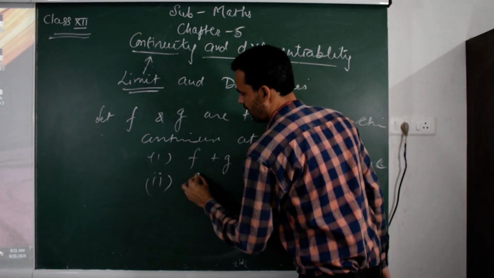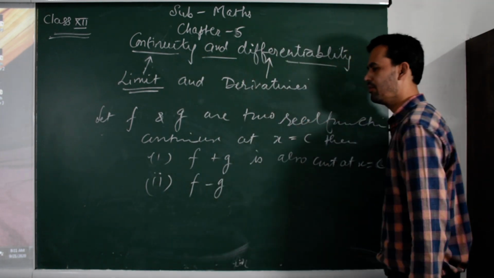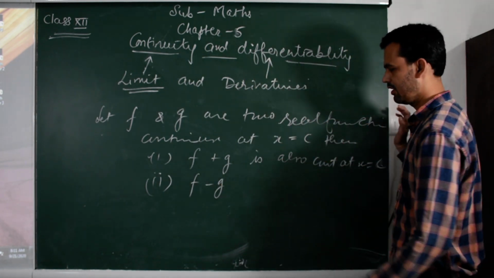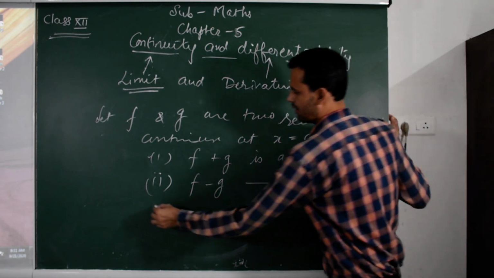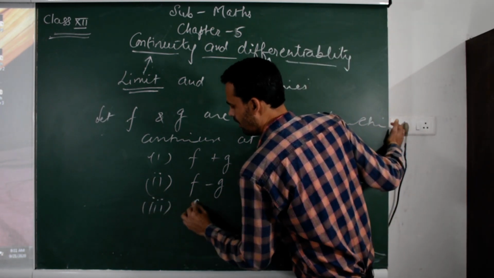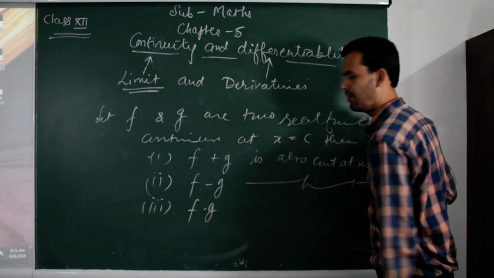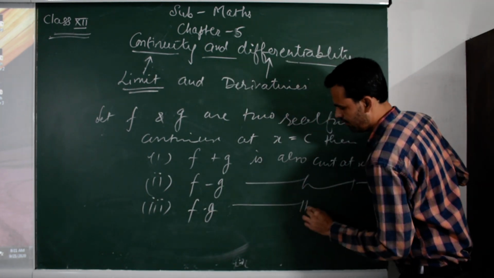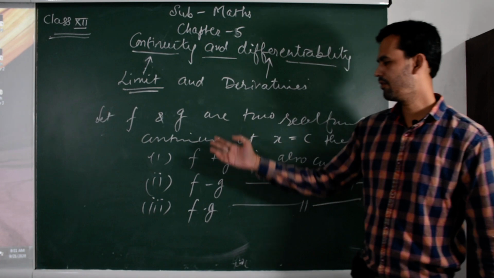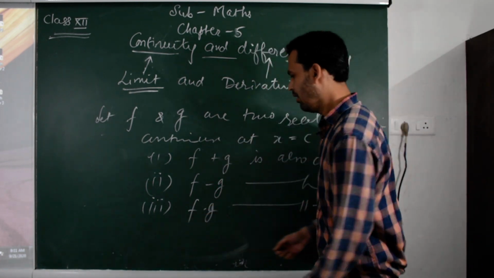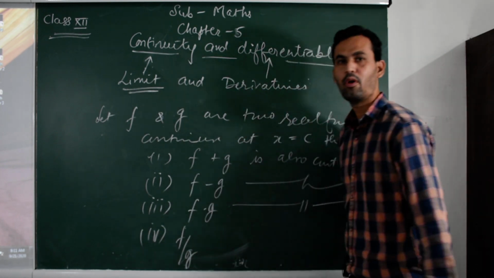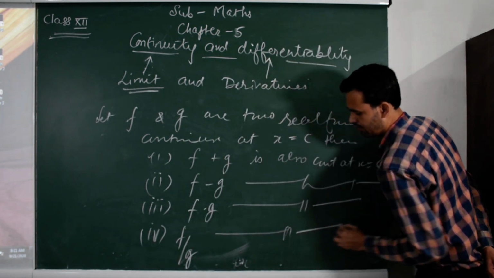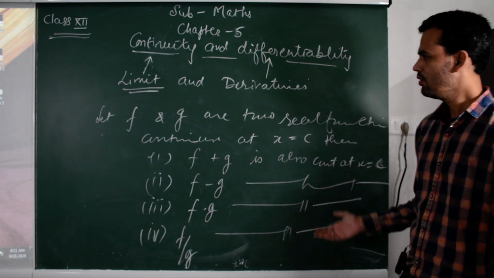Second is f minus g, the subtraction of both functions, also continuous at x equals c. Third is f dot g, the multiplication of two functions, also continuous, and f upon g is also continuous at x equals c.